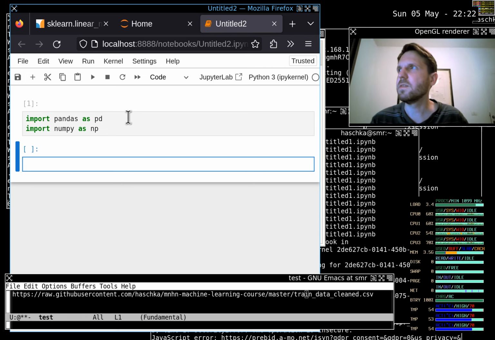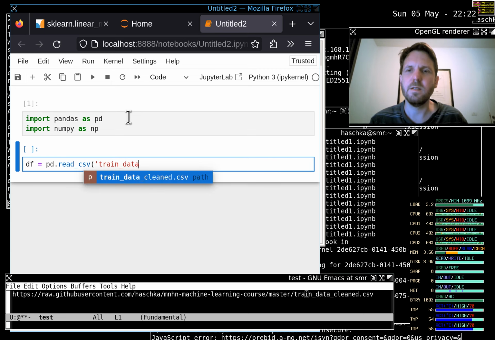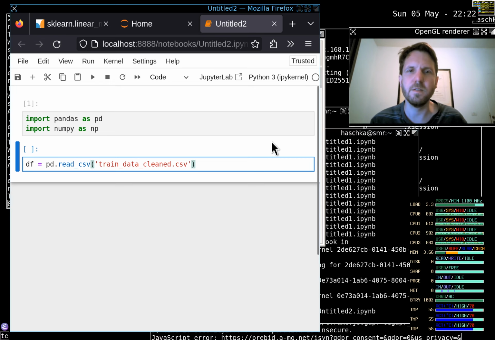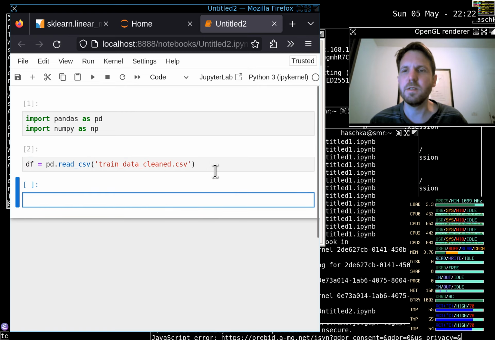So we import the data frame. You already know how this works. Read CSV file, and we have our data set, which is called train data clean CSV. Okay, so fine, so good. We have our data frame.